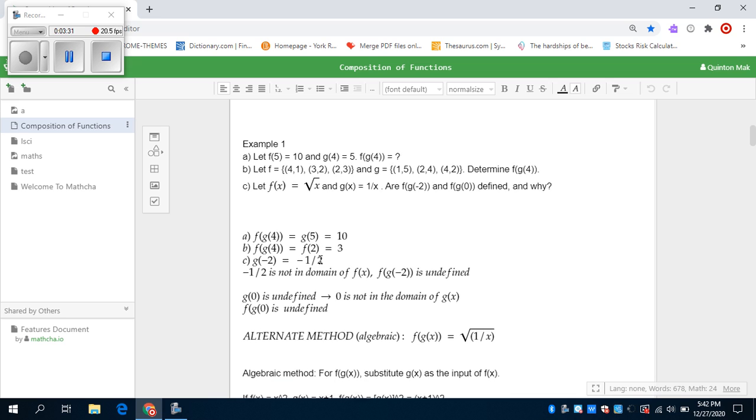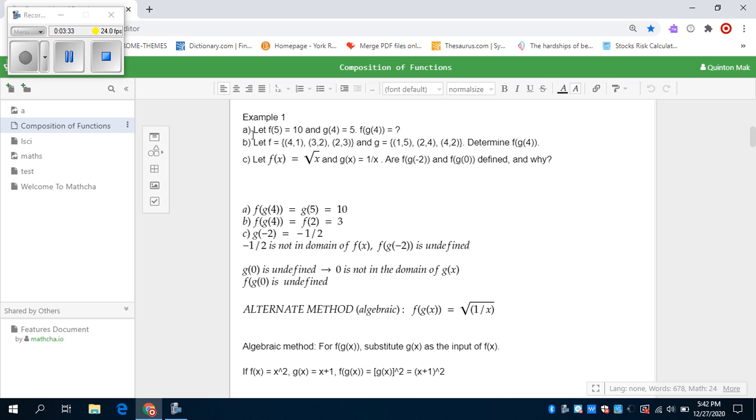Okay. So first, question A, we want to find f of g of 4. We note that g of 4 equals 5. So f of g of 4 is f of 5, and f of 5 is 10, so the answer is 10.